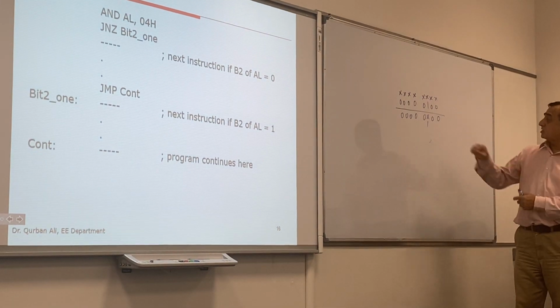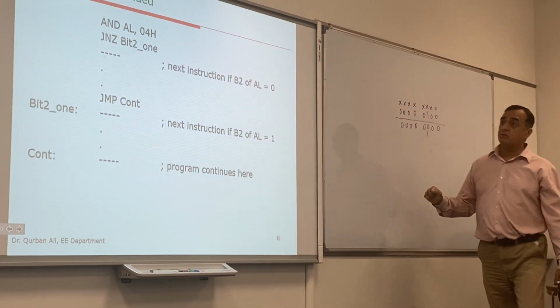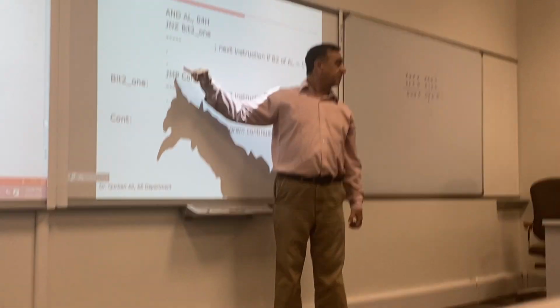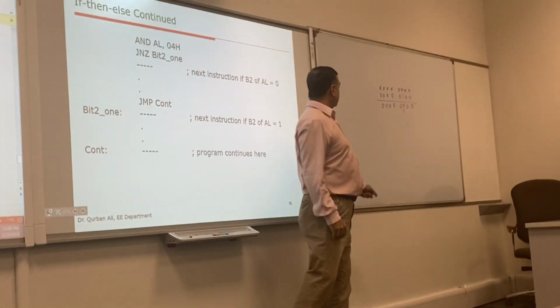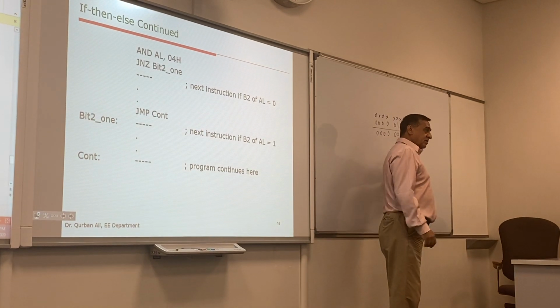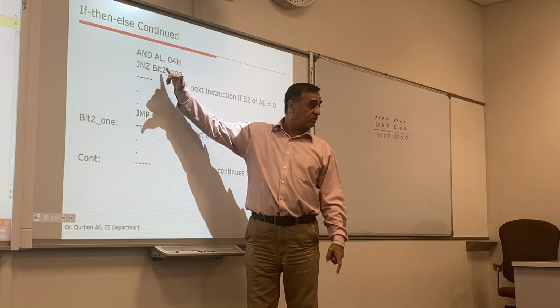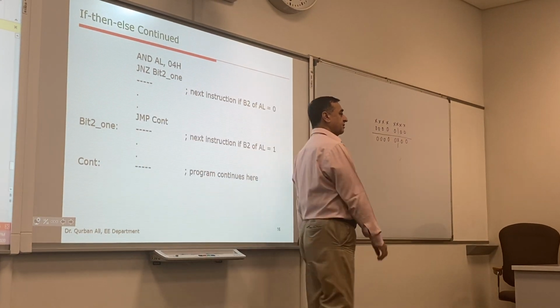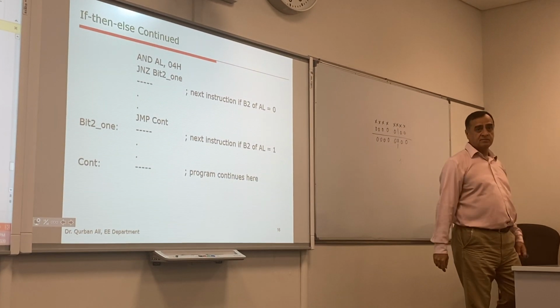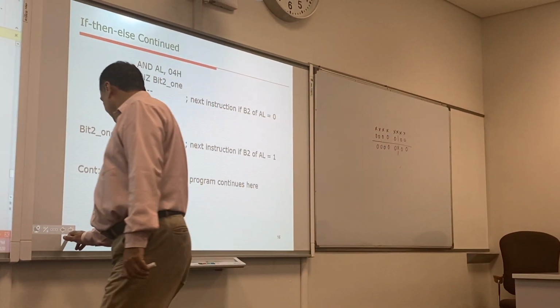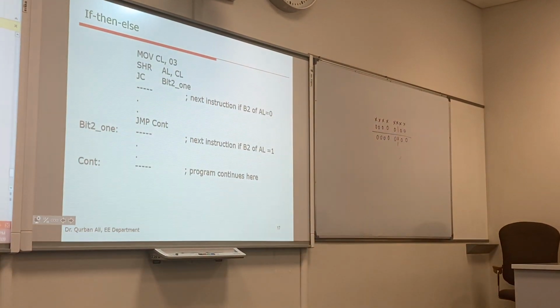If this becomes 0, this means it is false, then I continue here. If this remains 1, which means your answer is not 0, then I will be jumping to bit to 1, right? Everybody is still in the quiz. Not right.